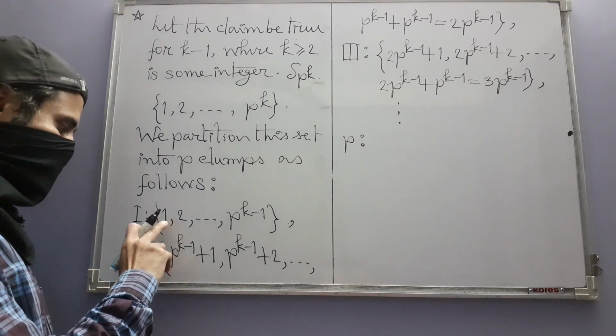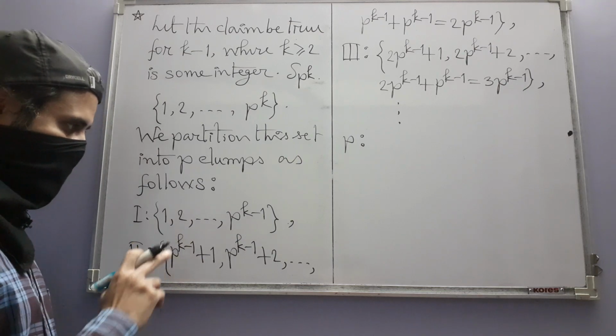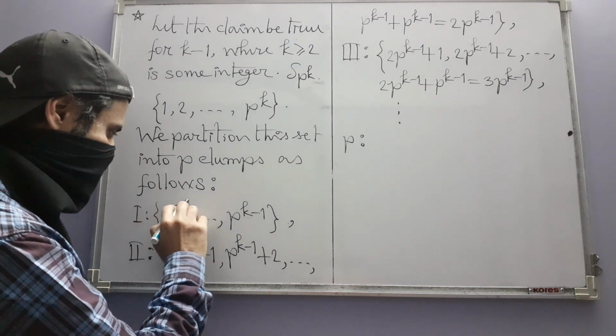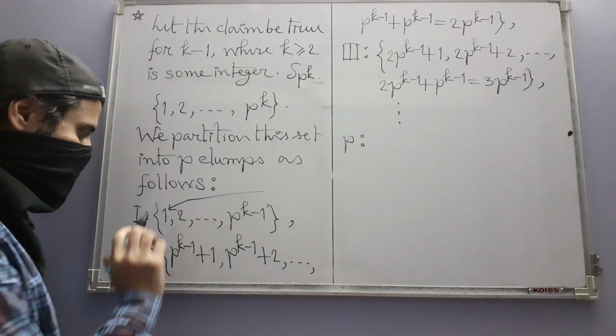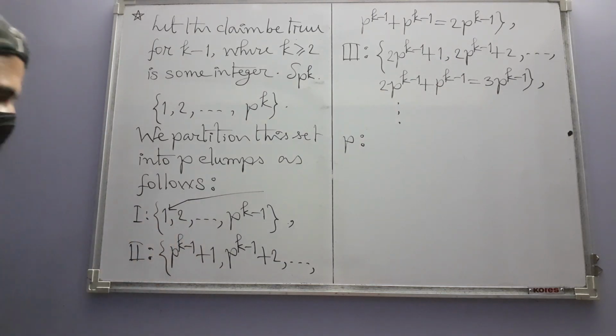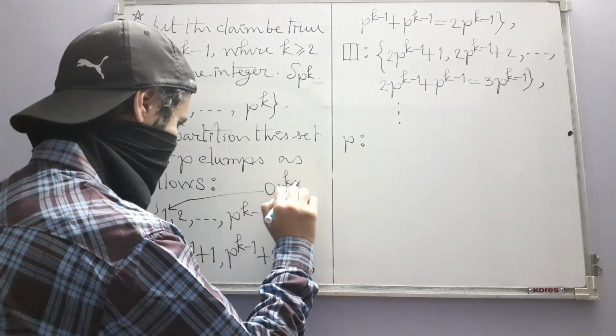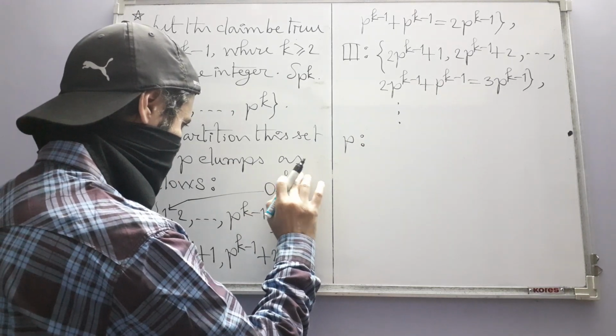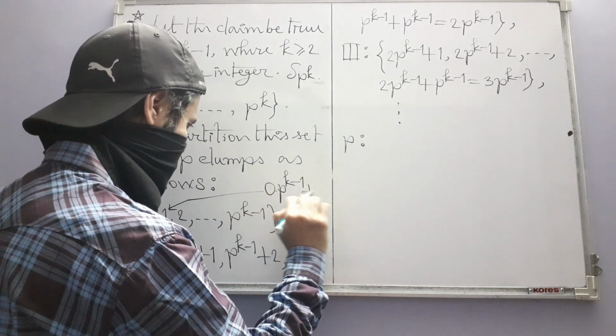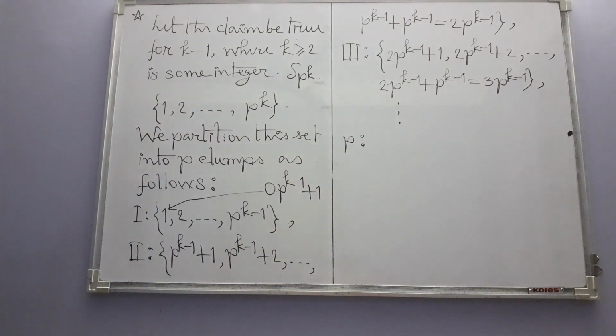When you see the first clump, it is not that clear, but if you look carefully, the first element of the first clump can be written as 0 times p to the power k minus 1 plus 1 because it's 1.